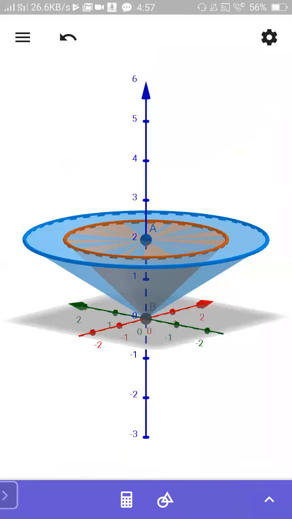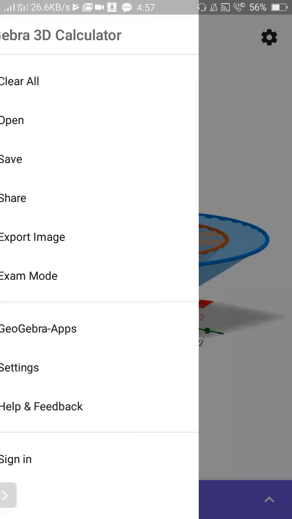First of all, I will clear the existing diagram. A little bit of problem is there.